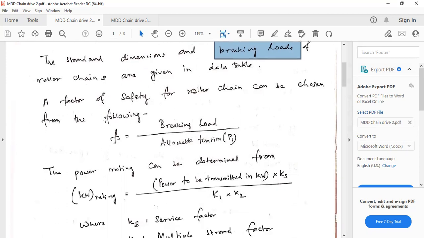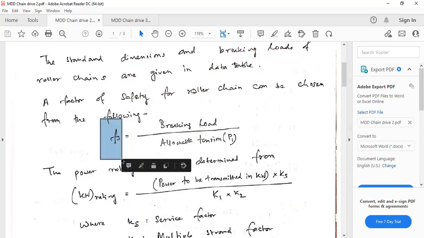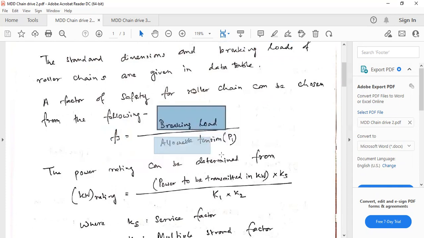Next, the factor of safety of a roller chain can be chosen from this. The factor of safety is the load that causes the failure divided by the allowable load.